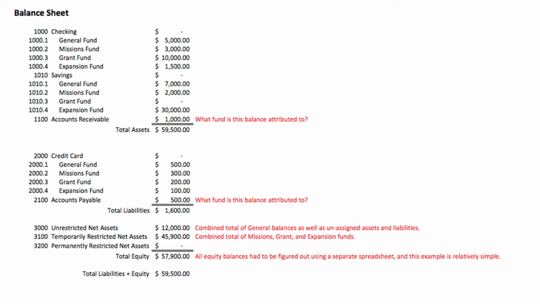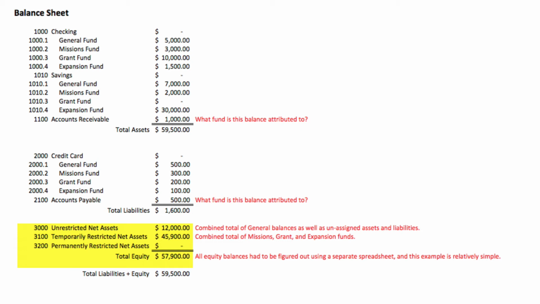There are a lot of customers that we work with that come from QuickBooks where they've set up equity accounts called unrestricted net assets, temporarily restricted net assets, and permanently restricted net assets. So they have their three IRS net asset classes set up as equity accounts in QuickBooks. Then at the end of the year, if you can get to it, you know how much money to adjust the equity up or down.